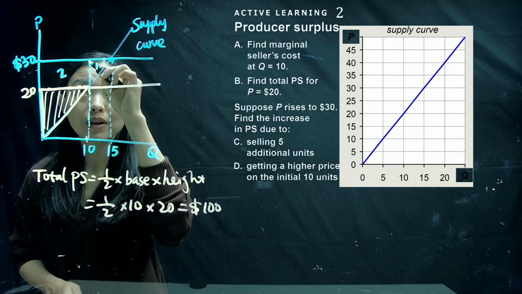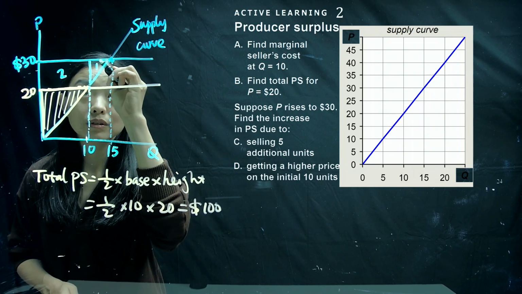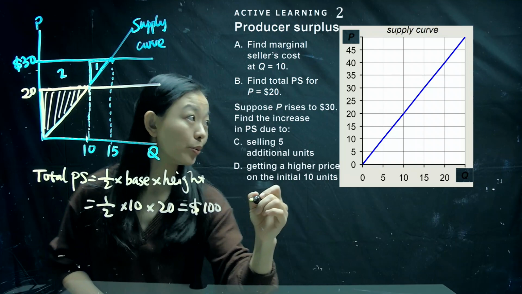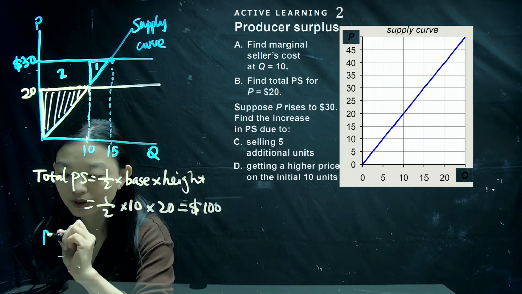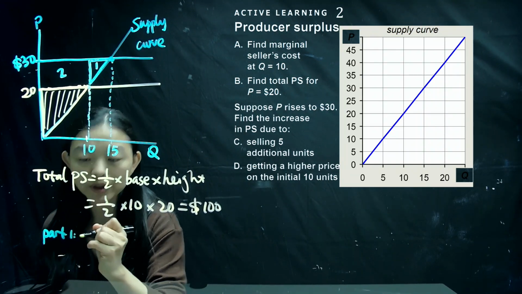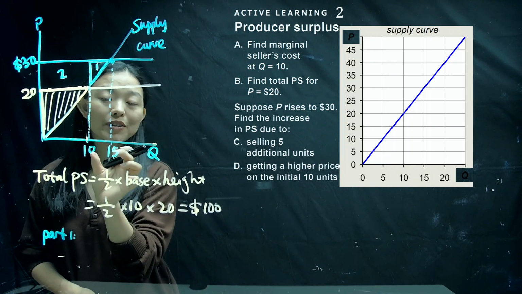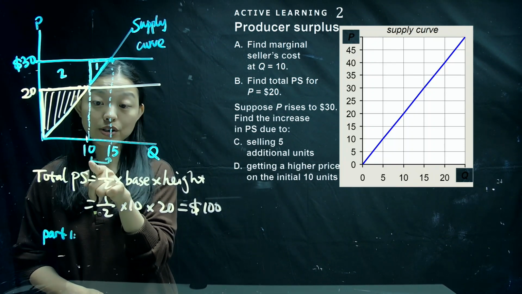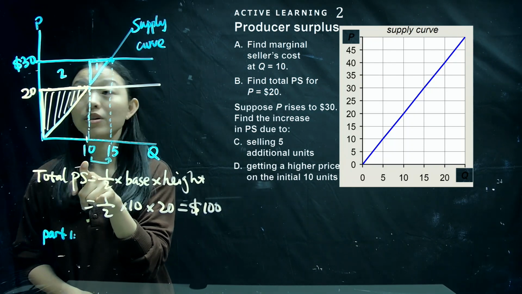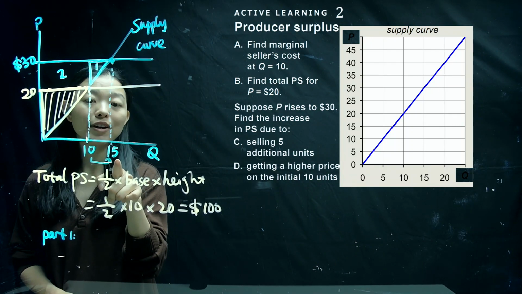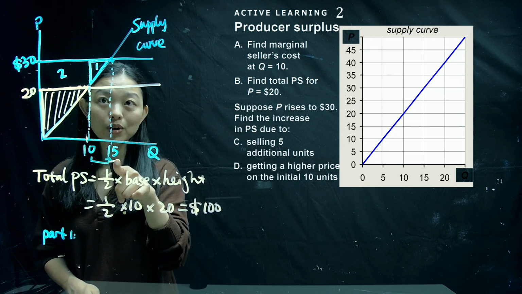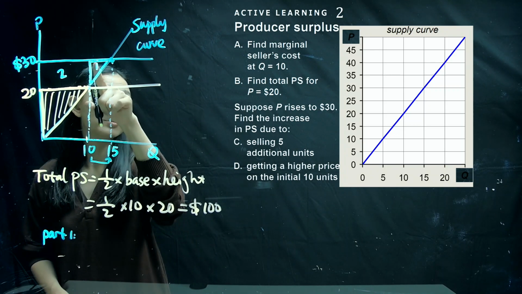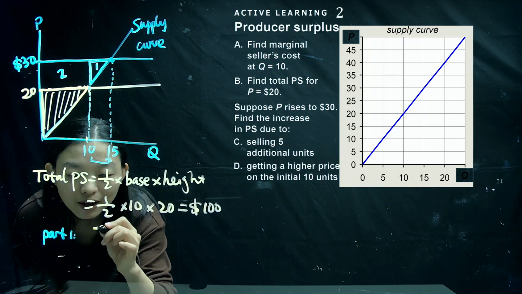Part one will be this little triangle here. I will write it down here. Our part one will be the increase of the producer surplus because we sell 5 more units. Originally, only 10 units would be sold, right? But now 15 units will be sold. Therefore, it brings an increase of the producer surplus, which is measured in this part one.